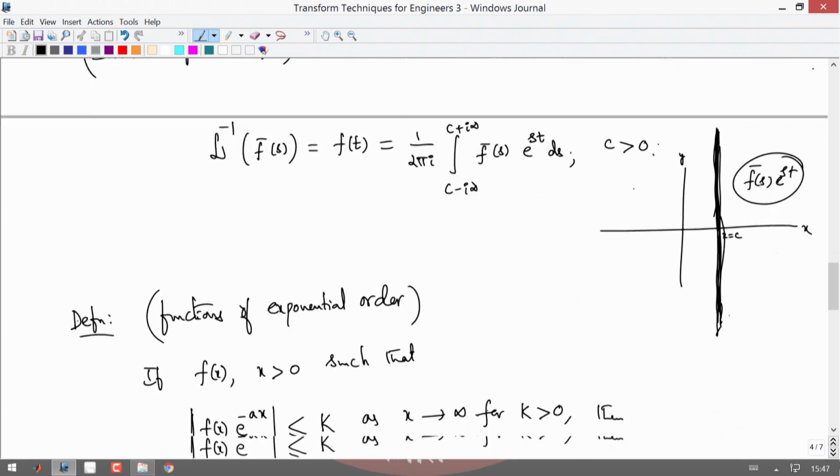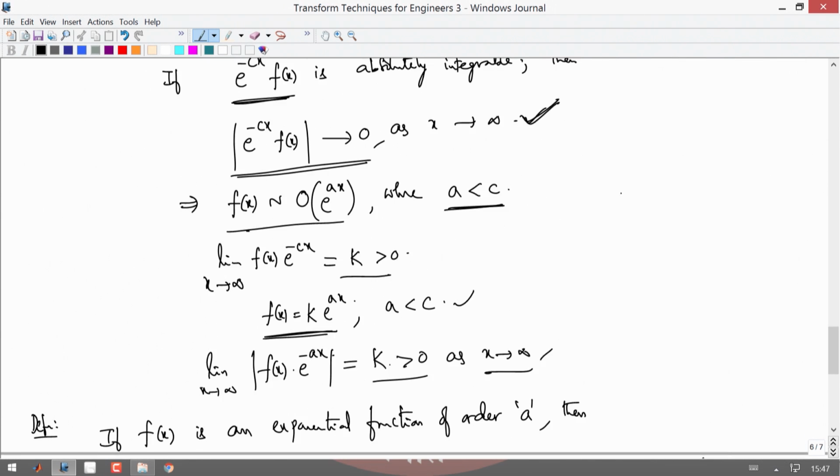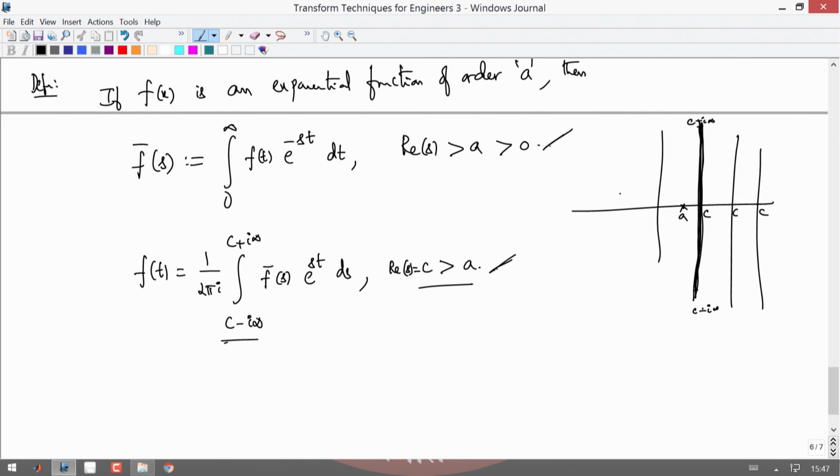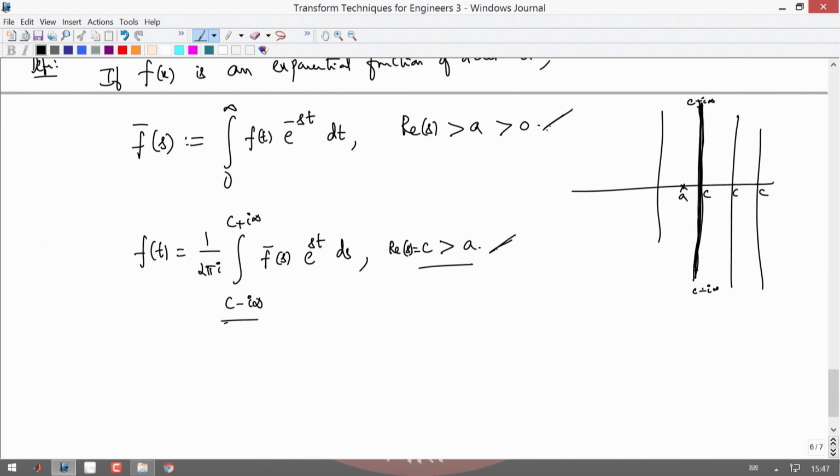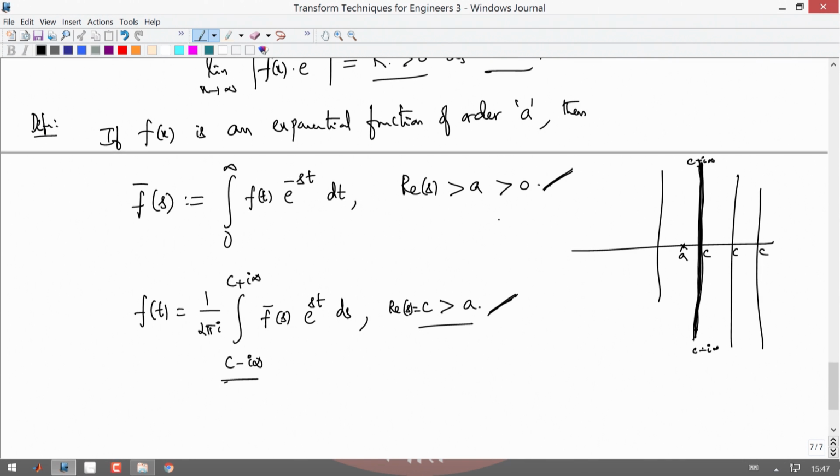So, from the modified Fourier integral theorem you can define the Laplace transform and its inverse transform. And what kind of functions do you have? A bigger class, not just absolutely integrable functions, but also exponential functions of order A, let us say. If you take exponential functions of finite order, you can have this Laplace transform and its inverse transform.